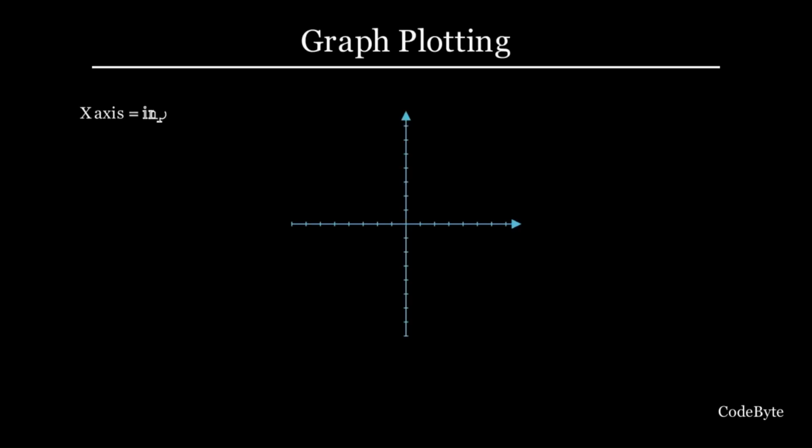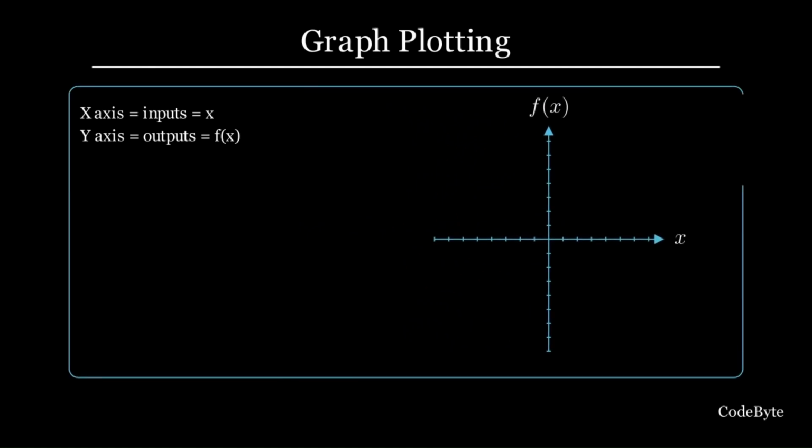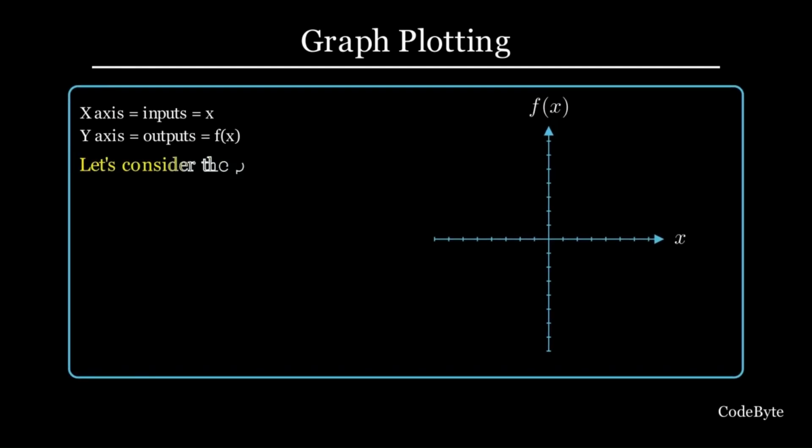Visualizing functions using graphs. The x-axis shows all the inputs and the y-axis shows the corresponding outputs. Let us consider the previous example where f of x was equal to x squared. Here the domain set is the set of all real numbers.